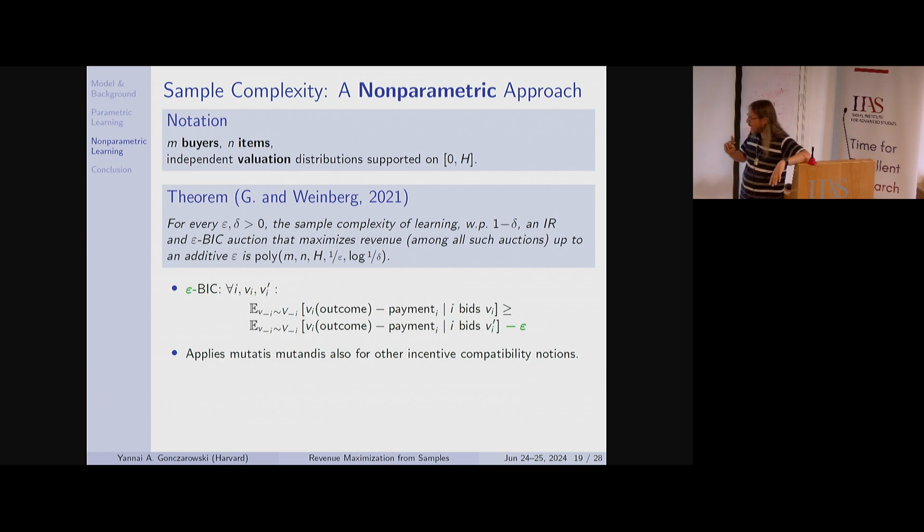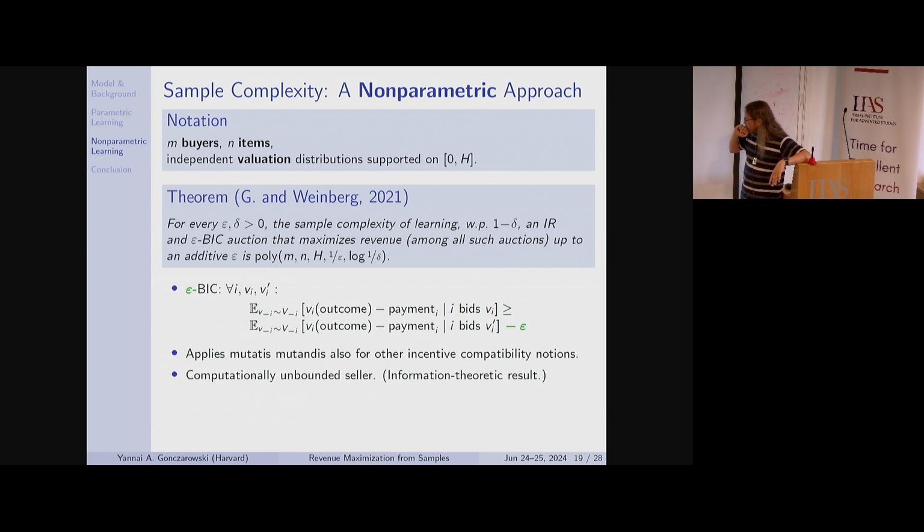The caveat there, and this is the reason I'm showing you epsilon BIC, is that among all such auctions, we only know how to find an IR, epsilon DSIC auction that maximizes revenue among all IR and precisely DSIC auctions. Here in the theorem, as I've said to you, the epsilon IC is both here and here. So this is why I'm showing this to you, but we know how to do variants of this analysis for other IC notions.